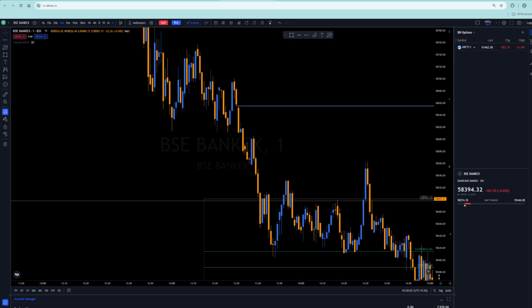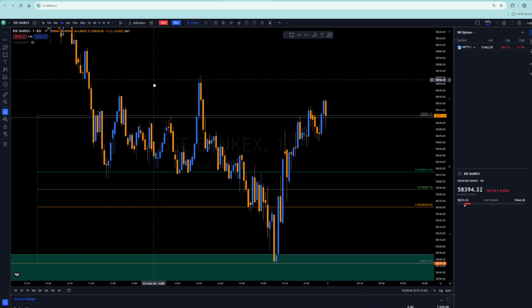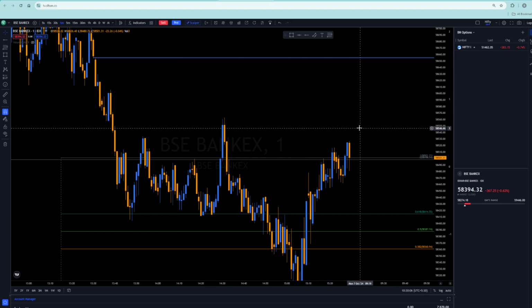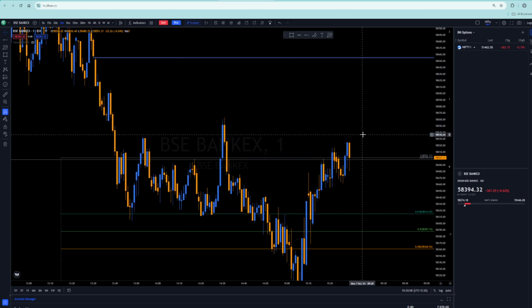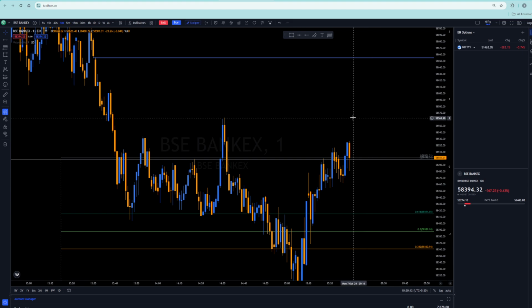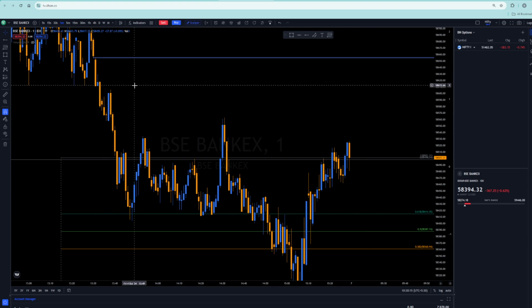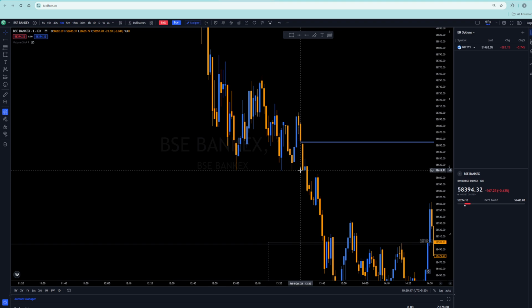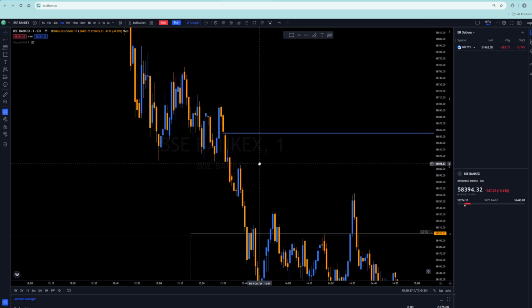Like for Monday, the market starts to open here, or I'm seeing that the nearest gap is here. Even though this is a very small gap, the low of this candle is 58655 and the high is 654, so it's just a 1 point gap.